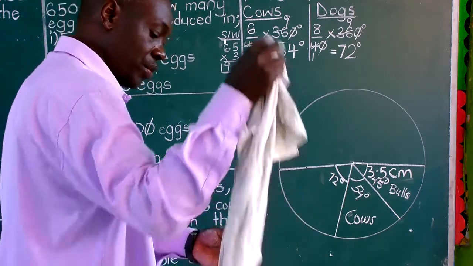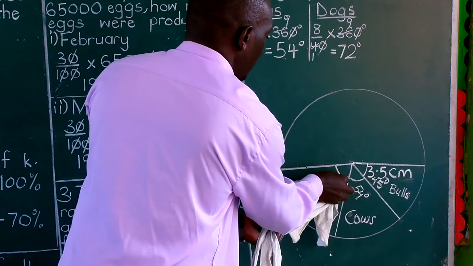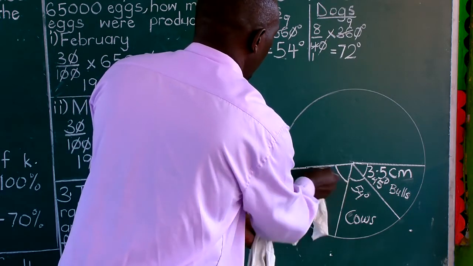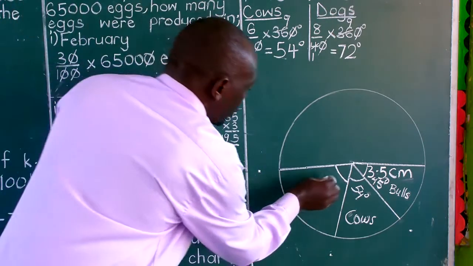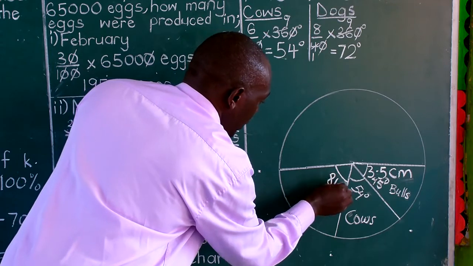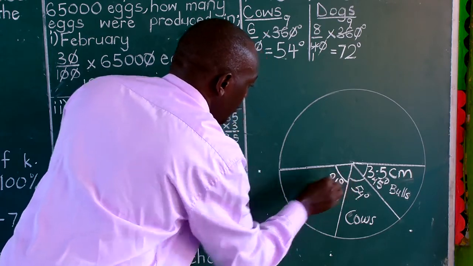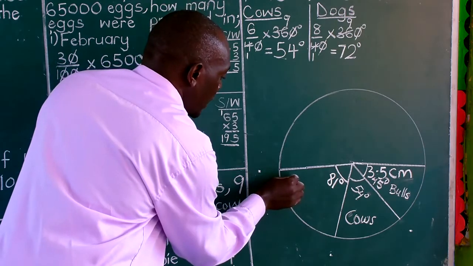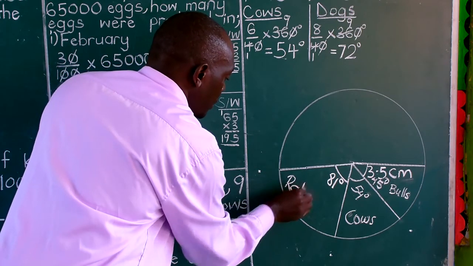So you put 81, the angle you have measured is the angle you name, that is 81. It's the one I've measured, not 72. 81 degrees is for rabbits. So I name it rabbits.